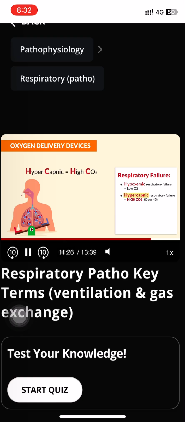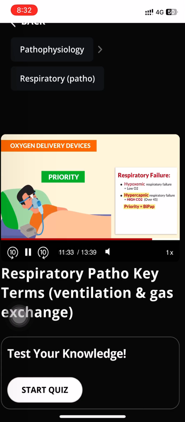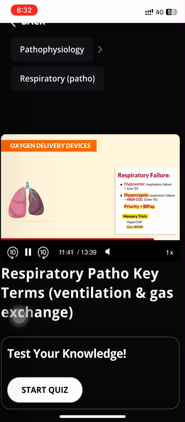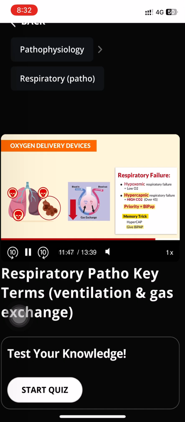So just think hypercapnic is from high CO2. Now the priority here is for a BiPAP. So the memory trick we use, just think hypercap, give a BiPAP. Again, it's very common with clients in worsening COPD with that decreased gas exchange.